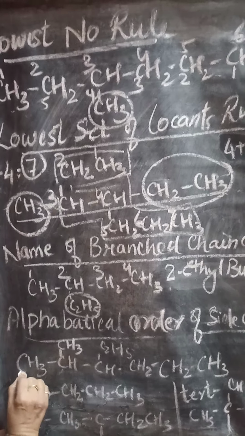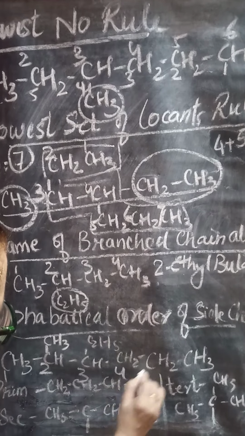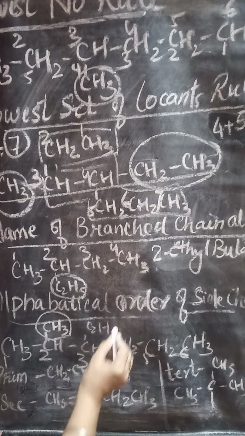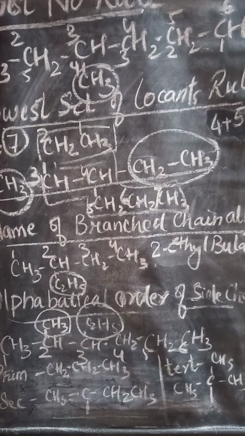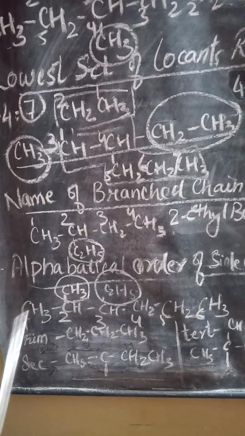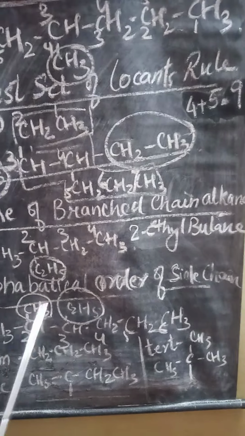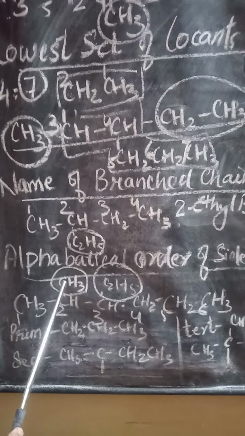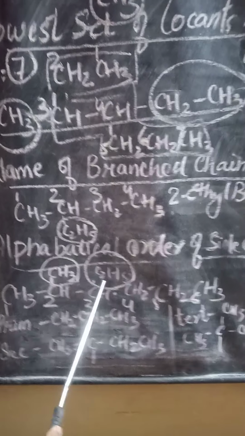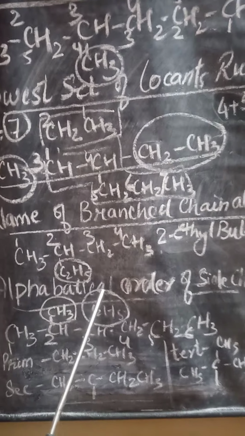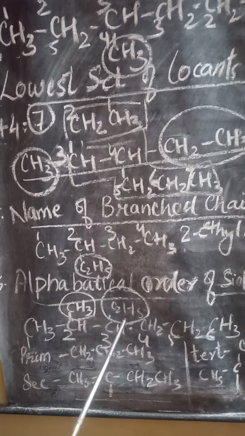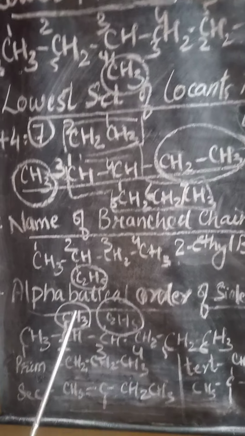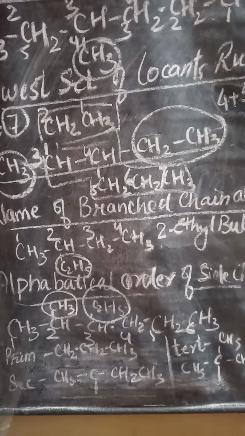So I will start numbering 1, 2, 3, 4, 5, 6 carbon. To the second carbon, one alkyl group is attached. To the third carbon, one alkyl group is attached. While numbering, we will see the name of the compound. This is methyl, it starts with M, and this is ethyl, it starts with E. So alphabetically E comes first, should be named first, and M coming next should be named next.